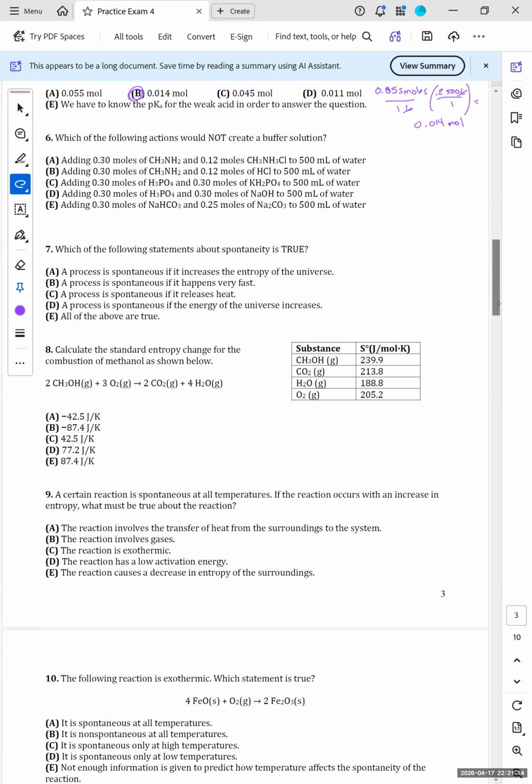Which would not create a buffer solution? Okay, so this is just asking you to identify which of these does not leave a weak acid base pair together in the right way to make a buffer. So remember that a buffer is a weak acid and its conjugate base together, or a weak base and its conjugate acid together. So looking at these options, I would just go through and check that they make sense.